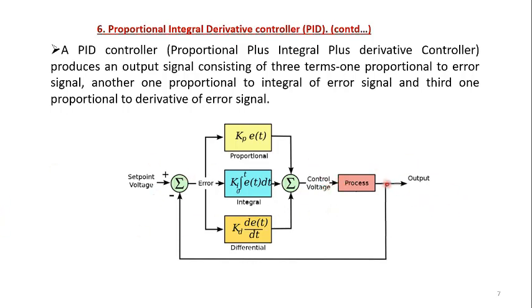The output is compared at the comparison element, and the error drives all three elements. Sometimes it may be the proportional element first, then the integral, then the derivative controller is added for settling or to reduce the overshoot. This is the block diagram of a PID type of controller.